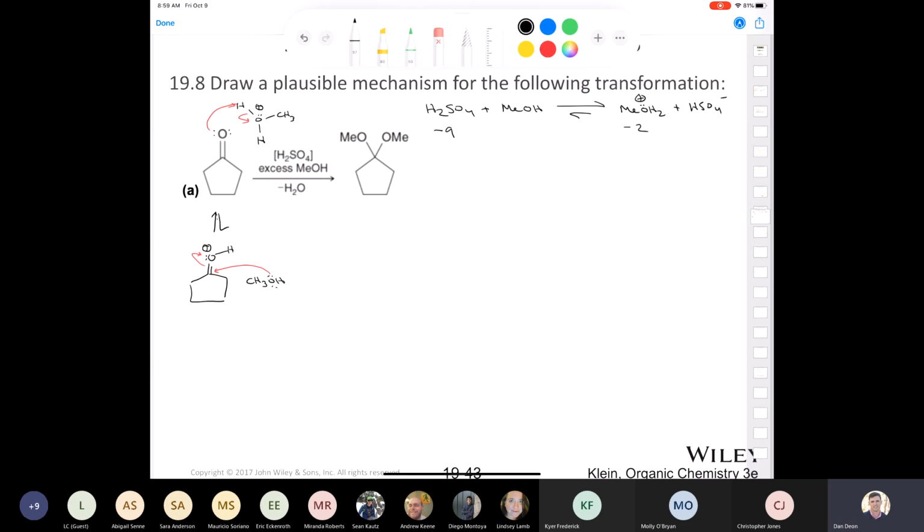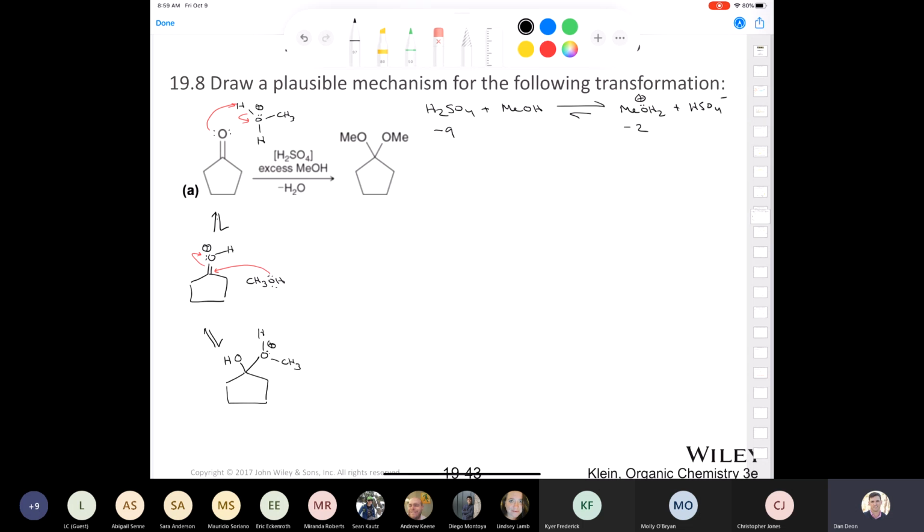Let's draw what we would end up with as our product. Hopefully I don't run out of space here. I find it hard to write on the bottom of this thing, but anyhow. There we go. Like that.